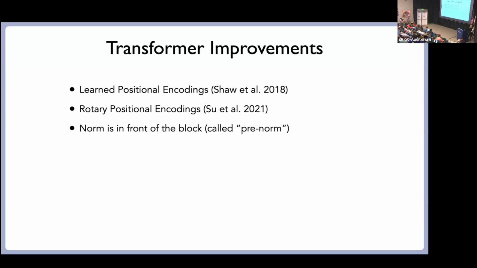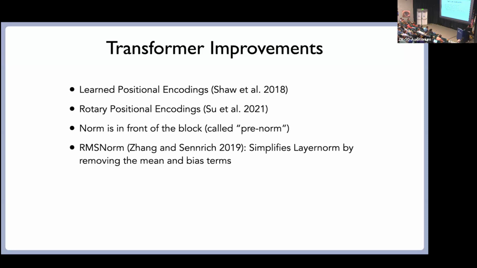People also change the ordering of blocks, for instance putting the layer norm not in the middle of the layer, but in front of the block. And actually, this is one single thing that we now have a consistent consensus on. All the modern large language models use this, which is called prenorm, and that's why the previous code implementation is also using prenorm.